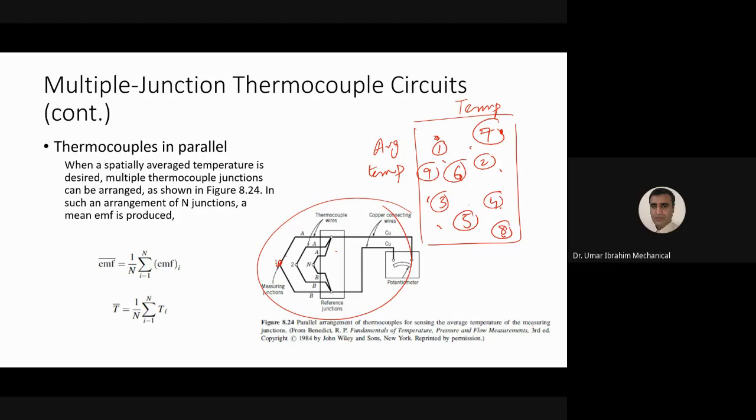And then you will get the voltage output. Once you get the voltage output, it will correspond to the average temperatures experienced by the 9 junctions of the parallel thermocouple circuit. Clear ये बात students? Questions?